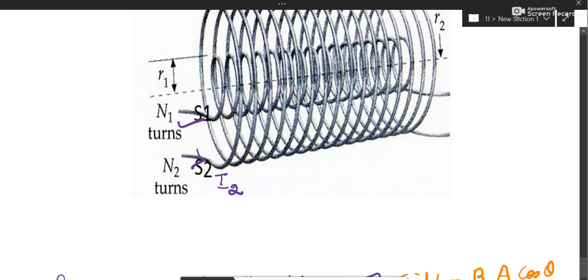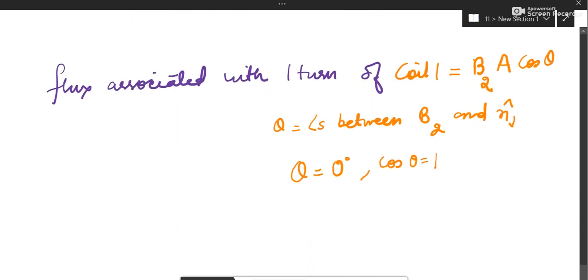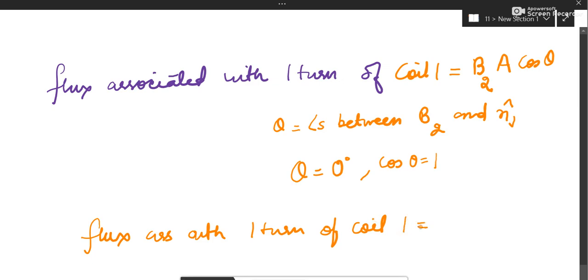This is your B2 and the normal is also like this. The normal of the smaller coil will be like this only. So theta is 0, cos 0 is 1. So the flux associated with one turn of coil 1 is equal to B2 A.